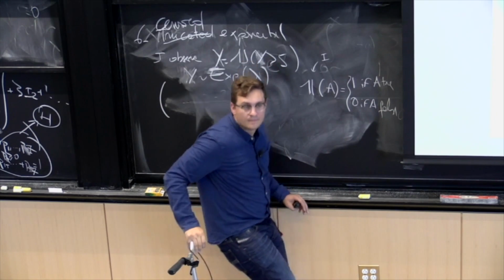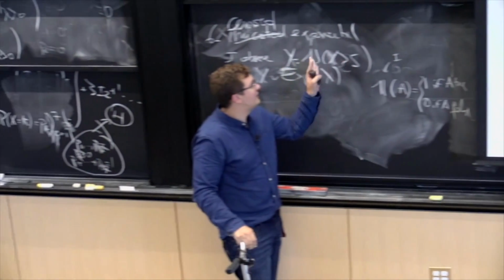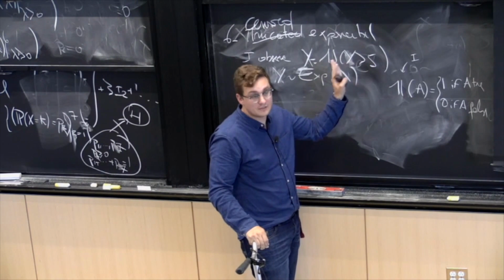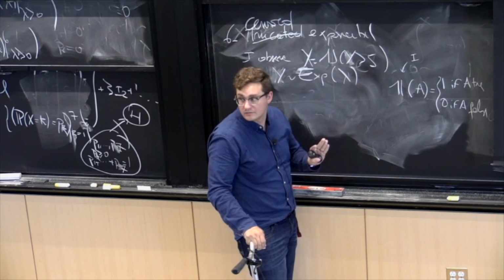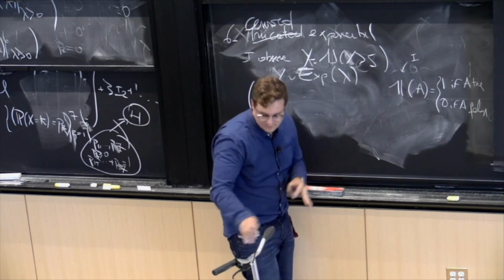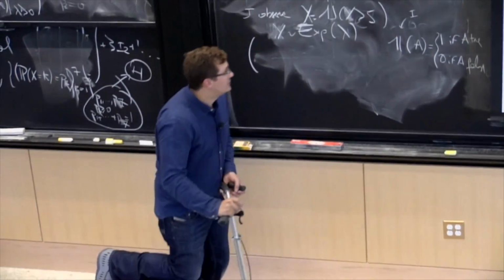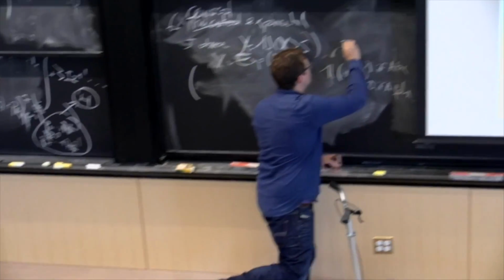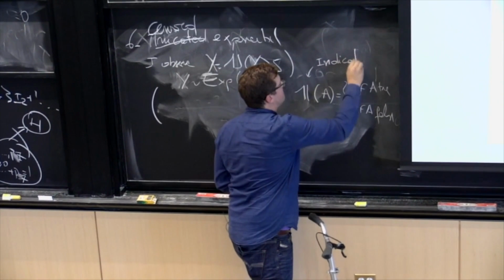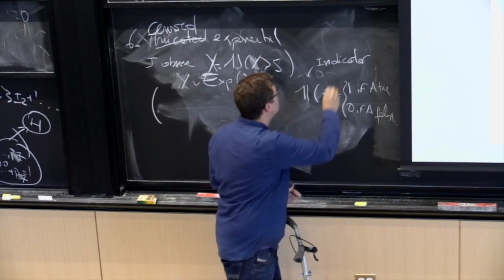Okay? So that means that if y is larger than 5, this thing is 1, and if y is not larger than 5, this thing is 0. Okay? So that's called the indicator function.